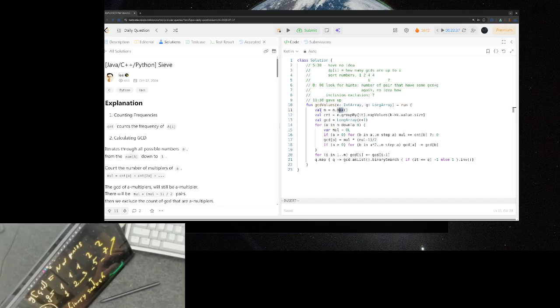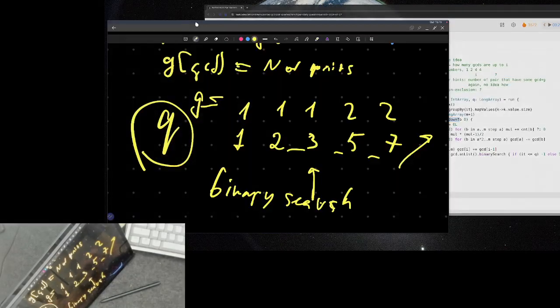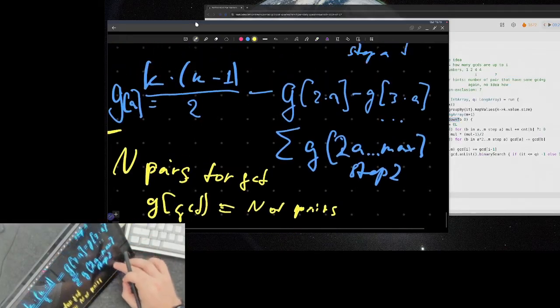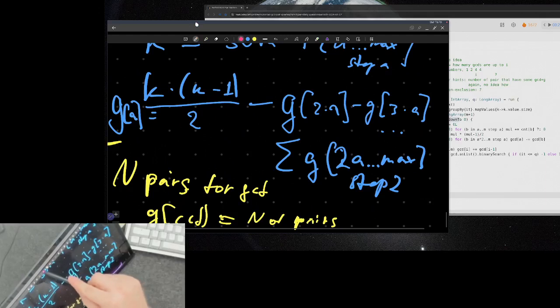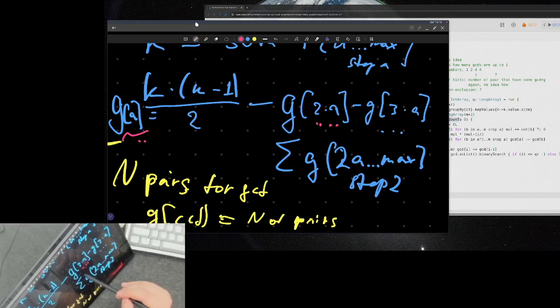This is the frequencies, and this is the maximum. We can use the constant 10 to the power of 5, but it will be slower. We're going from big to small. Why? Because for this calculation of g of a, we want to know g of 2a. So the bigger one should be known.